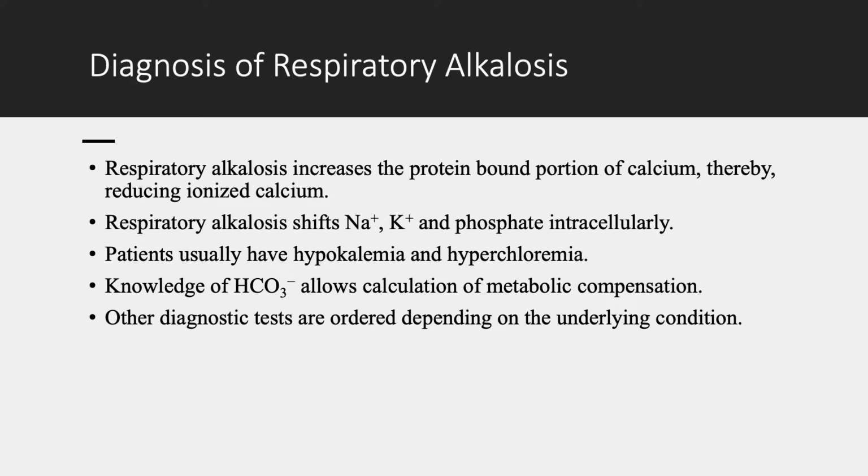Usually, respiratory alkalosis is associated with hypokalemia and hyperchloremia. So the potassium is low, and we have to correct it. Now, we need to know what the bicarbonate is to calculate the metabolic compensation. And then we order other tests depending on the underlying condition.